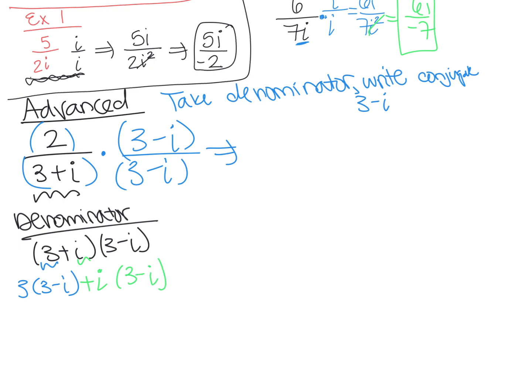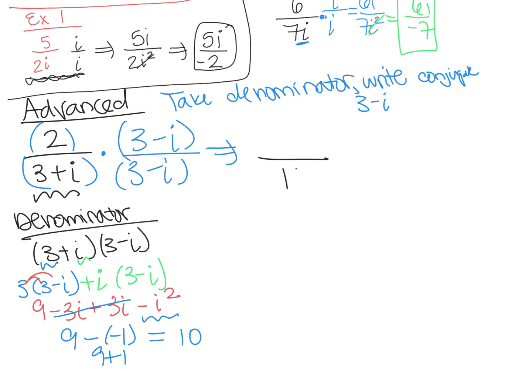I'm just doing distributive property, which would give me 9 minus 3i plus 3i minus i squared. Since it's conjugates, we're not surprised that that cancels out. And this i squared becomes a -1. So I have 9 minus minus 1, which becomes 9 plus 1, which is 10. So my denominator becomes a 10.